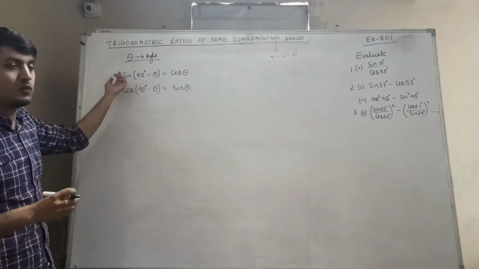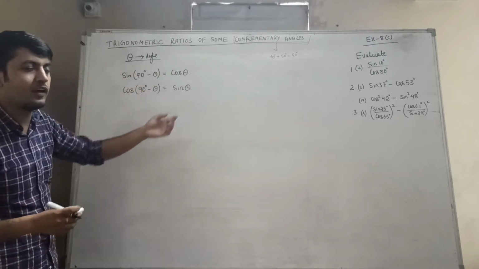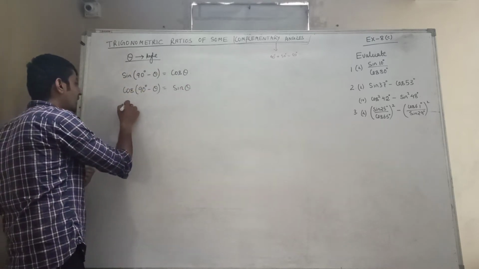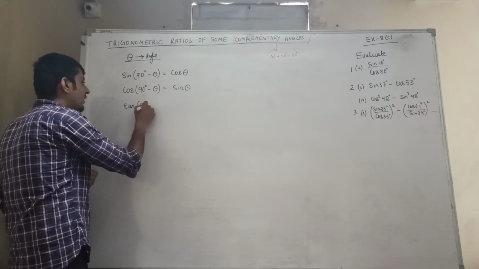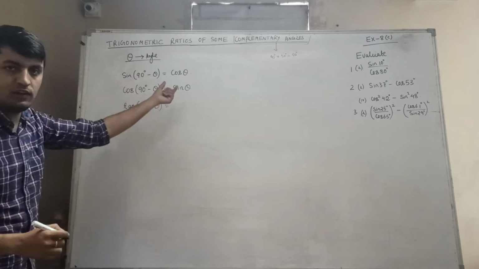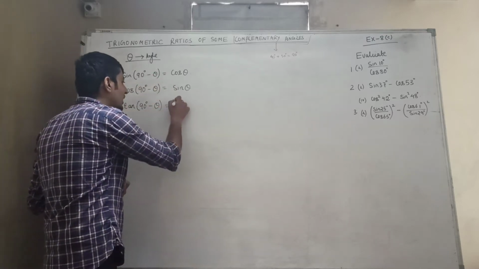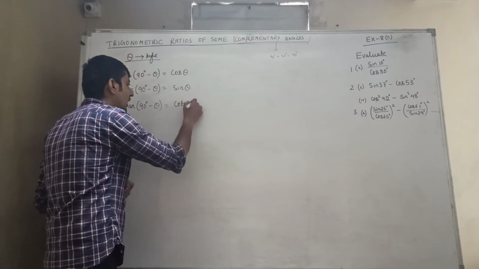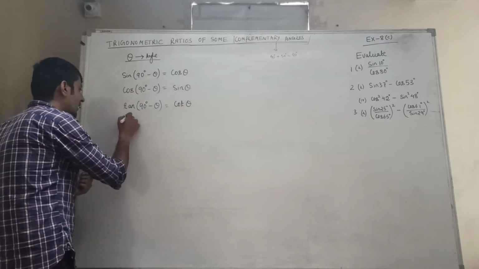So sine will go to cos, cos will go to sine. Then next, tan of 90 degree minus theta. Tan will go to cot, so it will become cot theta. Then what will be your next?